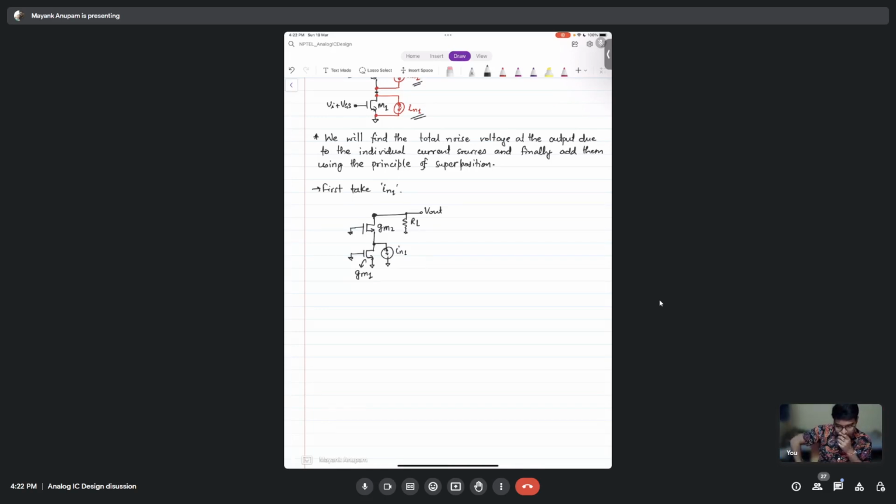Correct. So basically, this is a very simple thing to understand actually. Those people who are not able to follow, let's see.